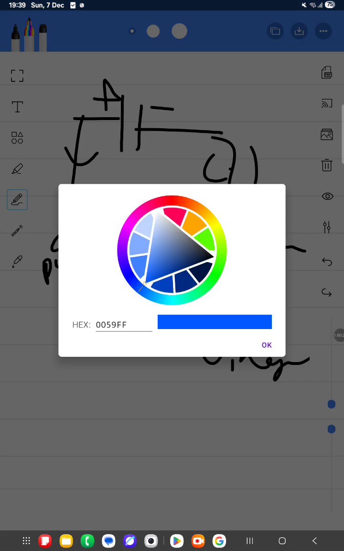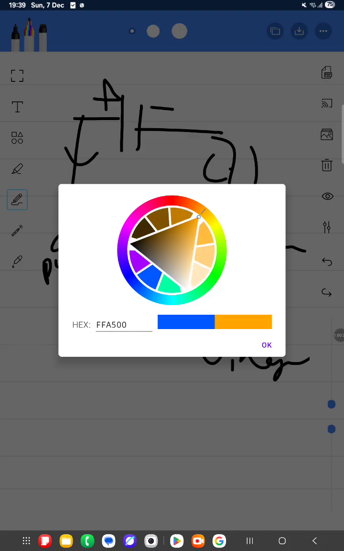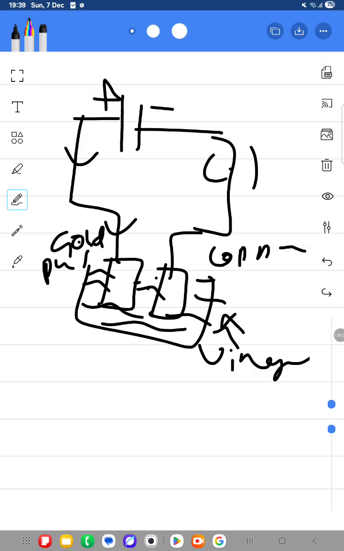Will you understand? This copper plate after some time will get covered by gold on its outer surface.